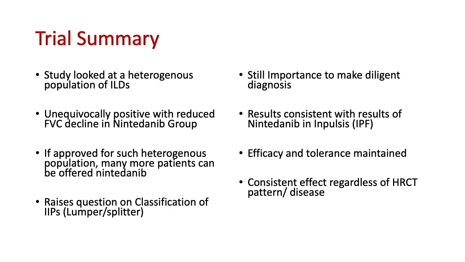Well, they did show improvement in both the groups. Will it matter if we give this drug in an acute exacerbation of IPF and not in an acute exacerbation but in another patient? So will that matter?